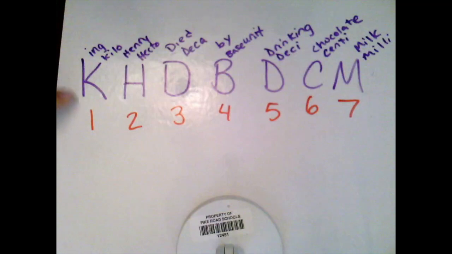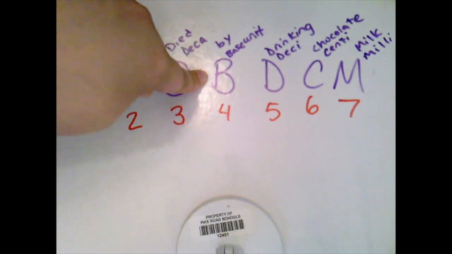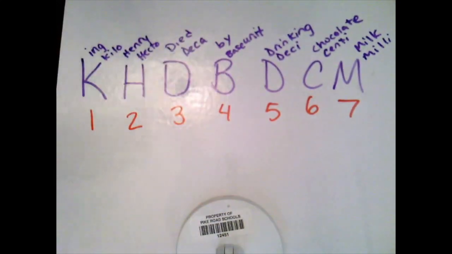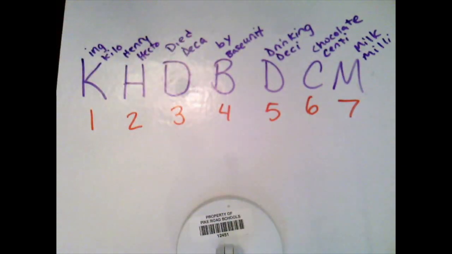But I could also say just a meter. A meter is very close to a yard or a yardstick, and you can look at that measurement at home if you use a tape measure.